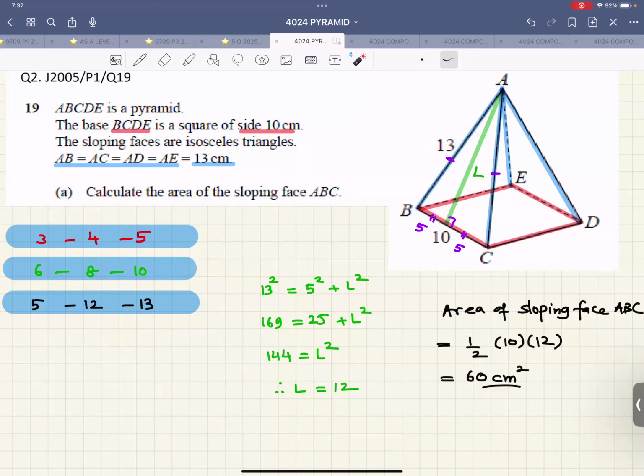Now in the pyramid, we talked about the surface area, the lateral surface area, the base area, and the volume.